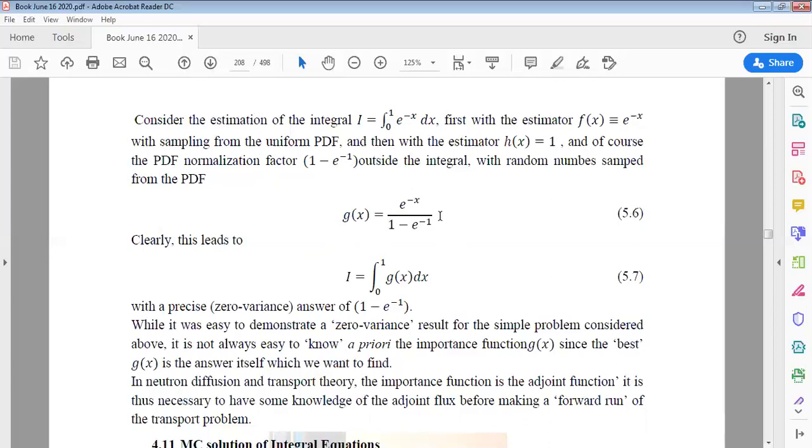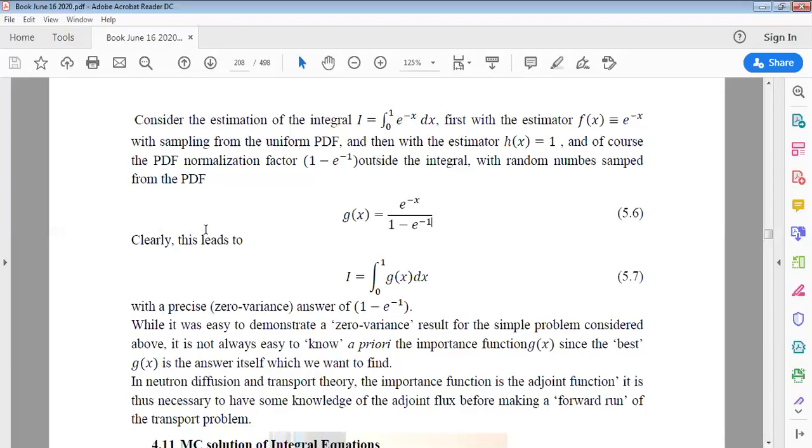Well, when I was going through the lecture on PDF and CDF, I said that I always tell my students that if I tell you that this is a PDF, then you've got to integrate this between the limits, and you have got to convince yourself that the answer is 1. Because if g of x dx integrated between 0 and 1 is not 1, then it is not a legitimate PDF. So you can satisfy yourself that yes, the g of x that I'm giving you is actually a legitimate PDF.